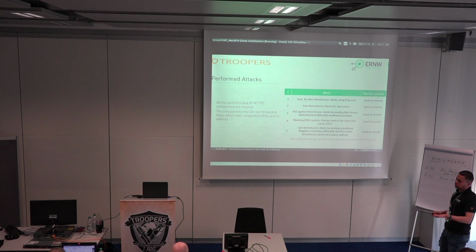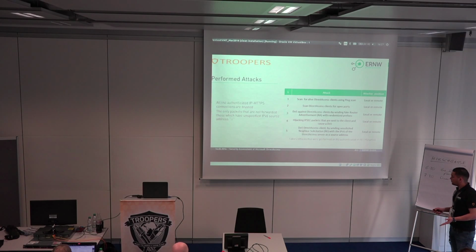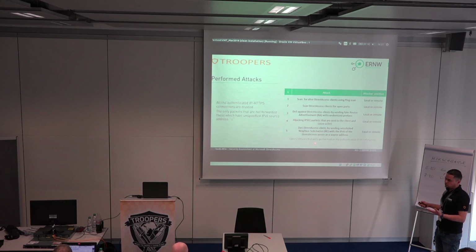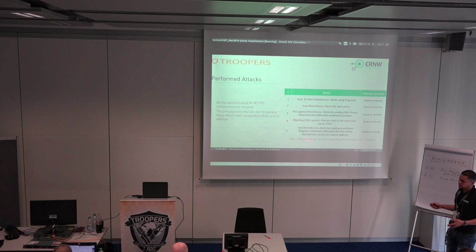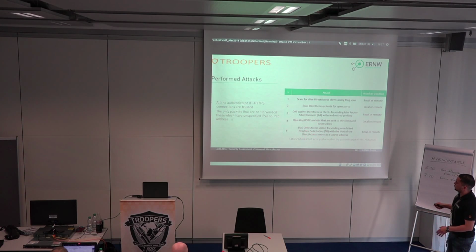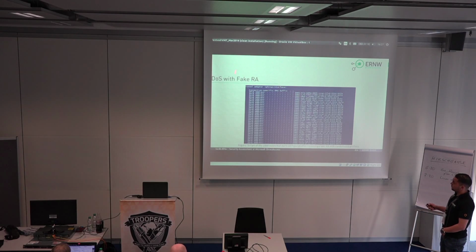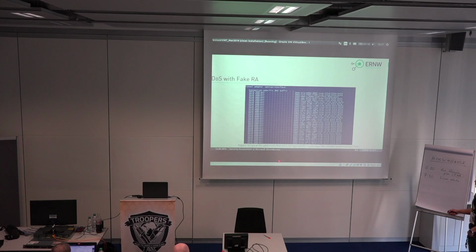You just need to know the address of the router, which is the DirectAccess server, which is known, and you send this packet with the unsolicited flag, and then it will be received by the client, and the client will erase the default router from its routing table, and then will not send any packets to the DirectAccess server. This is the denial of service with fake router advertisement.